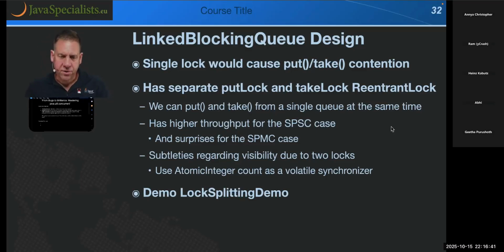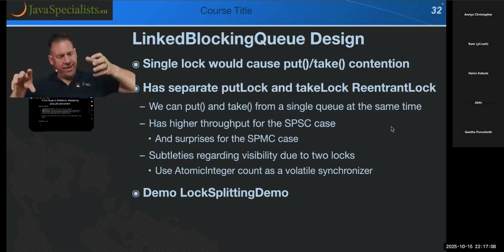Now, what they did was they used two different locks, one for putting, one for taking, in order to allow you to put and take at exactly the same time. This has a higher throughput for the single producer, single consumer case, but if you've got multiple consumers, you can get some surprises. And the whole queue is interesting because they've got two different locks.